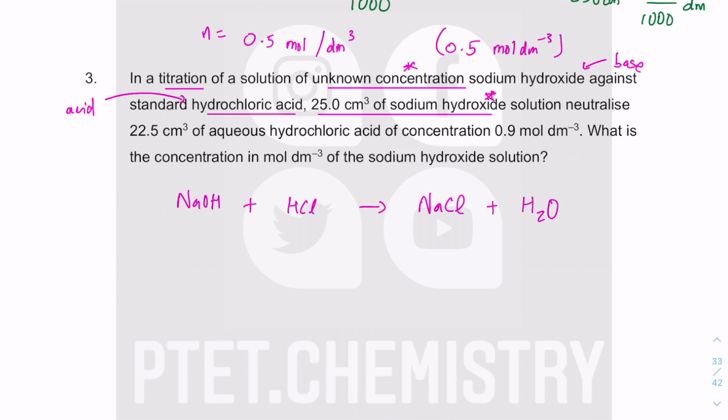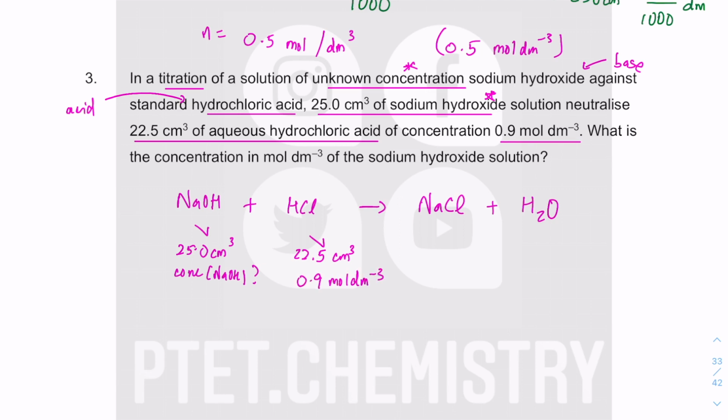So you have 25.0 cm cube, but the concentration is unknown. You don't know the concentration of sodium hydroxide, but you know the volume of the HCl. The volume of the HCl in the titration is 22.5 cm cube. And the concentration, you know, is 0.9 mole per dm cube. They've given it in the form of mol dm minus 3, which means mole per dm cube.